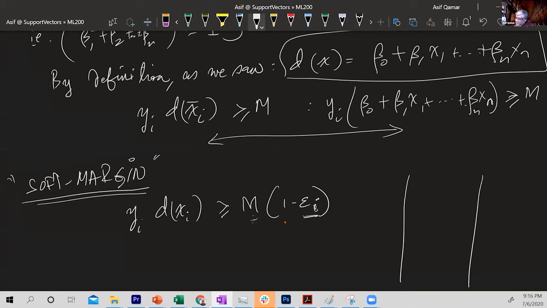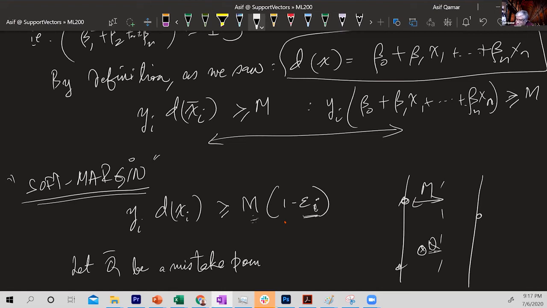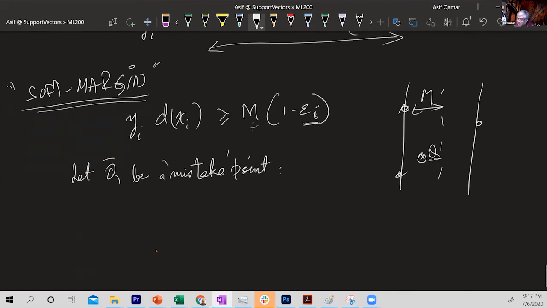In other words, suppose there is a river here. This is a point, this is a point, this is a point. This is M. You allow for this point to be less than M distance. Let me call this a mistake point Q. You would agree that Q is a mistake point. Then the distance of Q is less than M, isn't it?